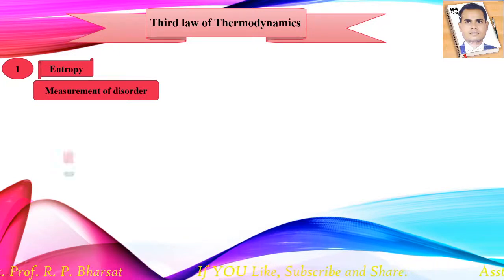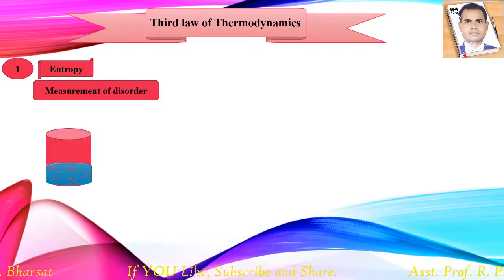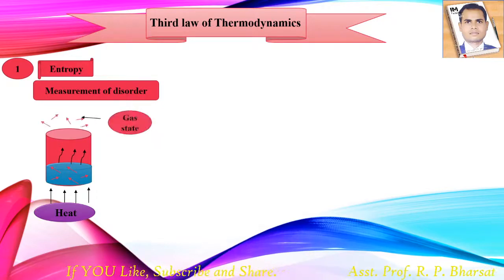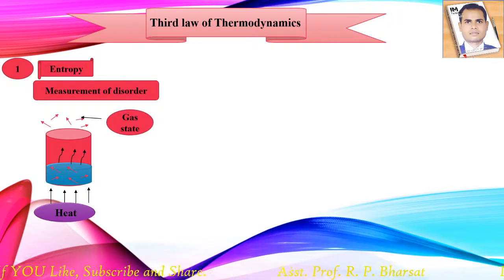For example, if you take water in a beaker and give heat to that system, what will happen? That liquid water will convert to the gas state, and those gas state molecules will get large movement.